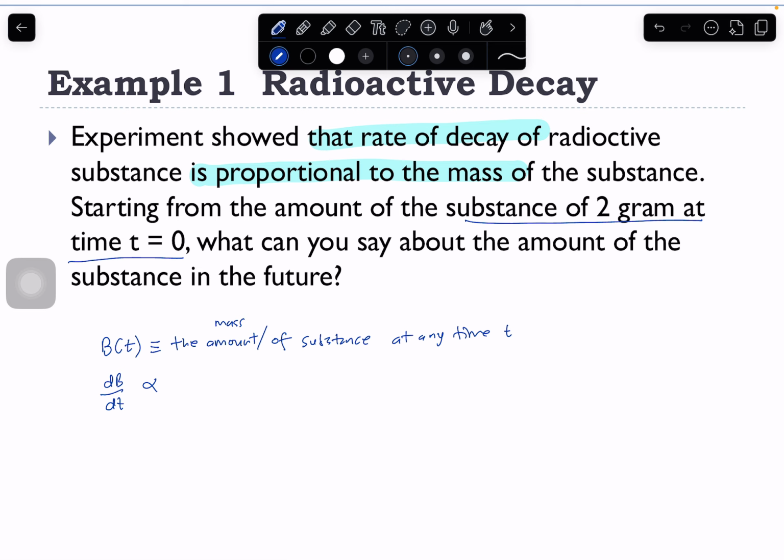So it's proportional to B of T. That's what is given to us. Let me rewrite: what is dB/dt?